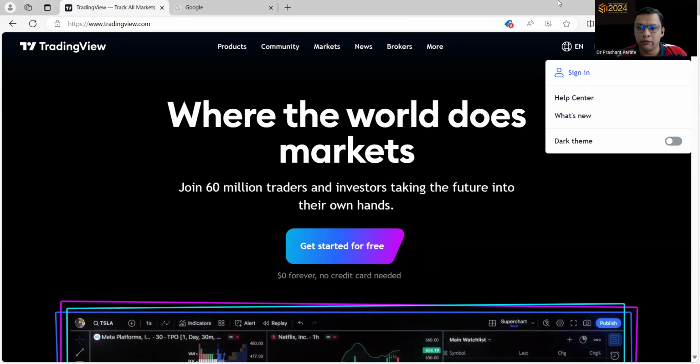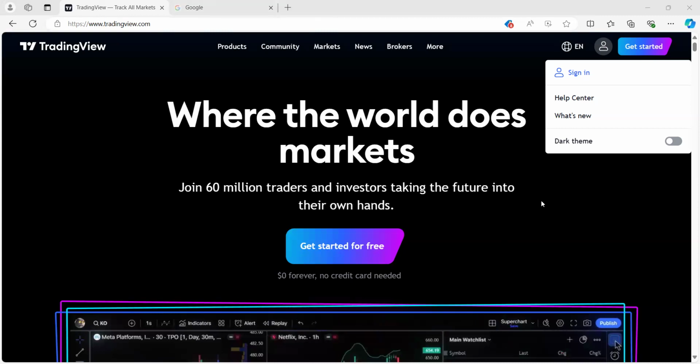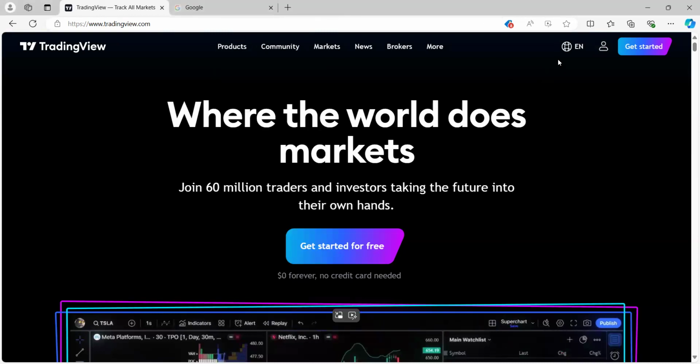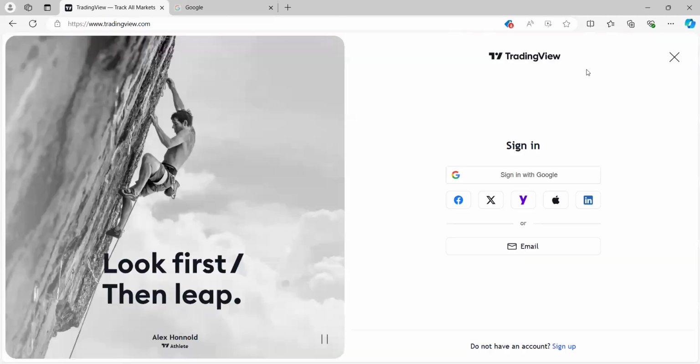So this is our TradingView platform. If we type www.tradingview.com, this will open. You can log in here, click on sign in. You'll get this page. You can log in with Google or you can use email ID.